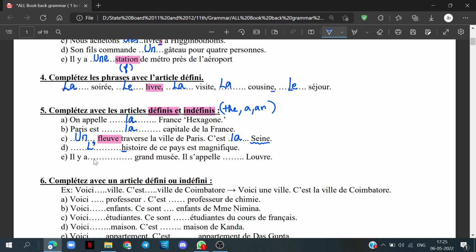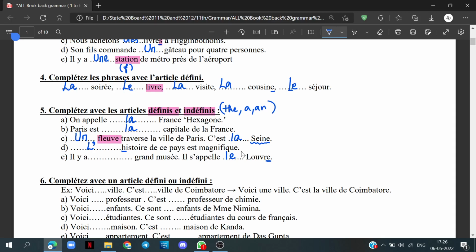Il y a means there is or there are. So there is a big museum. It's called the Louvre. Louvre again ends with the E, but it is the name of a place. So again, it is "the", like the France, the sun, the moon.